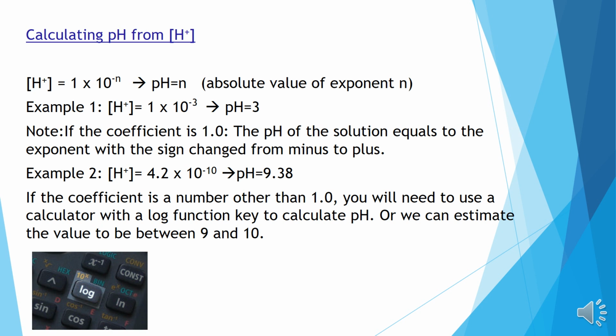The pH will be 9.38. How? Let's see here. You will need to use a calculator with a log function key to calculate pH, or we can estimate the value to be between 9 and 10. That's why the pH is 9.38.